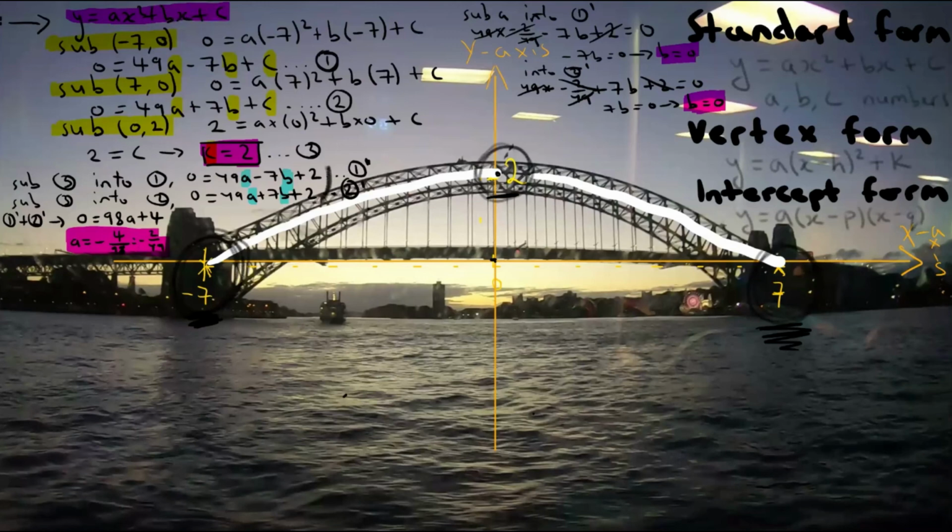That's our original equation. Substituting it back in there, we get y is equal to, we know a is minus 2 over 49, minus 2 over 49 x squared plus b. What is our b? Our b is 0.